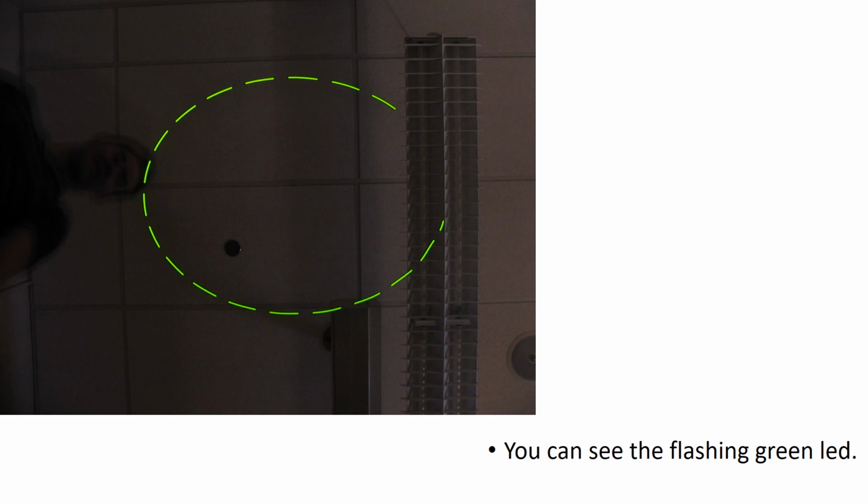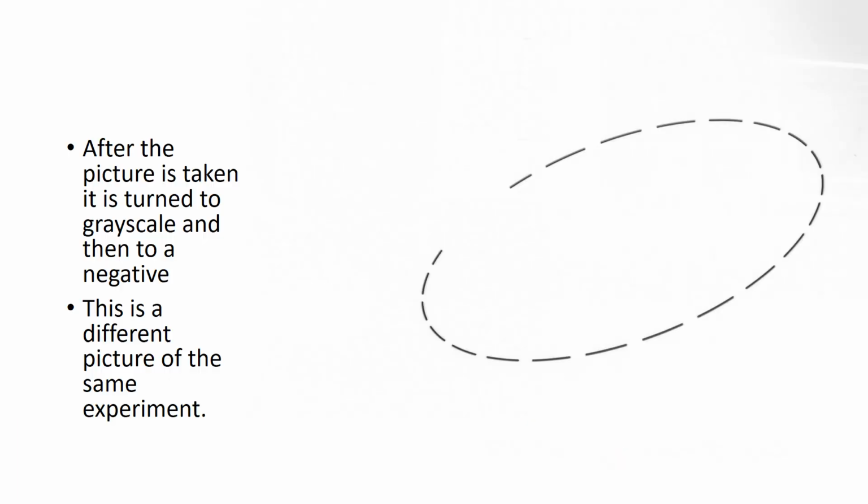And some unlucky person is standing right above it looking down at the camera. Anyhow, so you can see what the picture looks like initially. Then after we take the picture, we turn it to grayscale and then into a negative, which gives us this much nicer looking picture that we can deal with. Now notice each of those lines, the longer the line, the faster it's going. The shorter the line, the slower it's going.